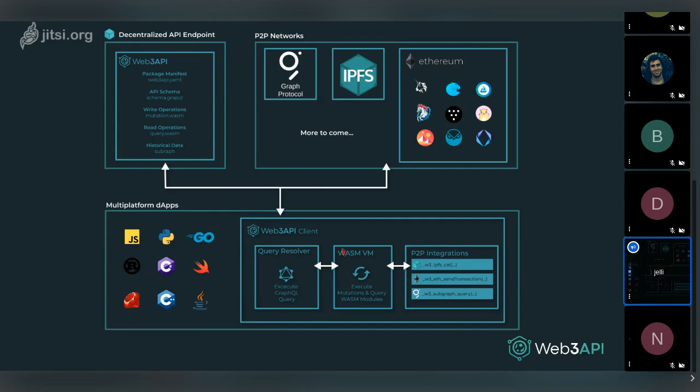With WASM, it's not that way. It's very lightweight, very easy to embed, and very fast. And so here we're executing all that logic of how to use the protocol, how to use these different peer-to-peer networks. And then we have these peer-to-peer integrations for, maybe this WASM module wants to interact with IPFS or Ethereum or a subgraph.